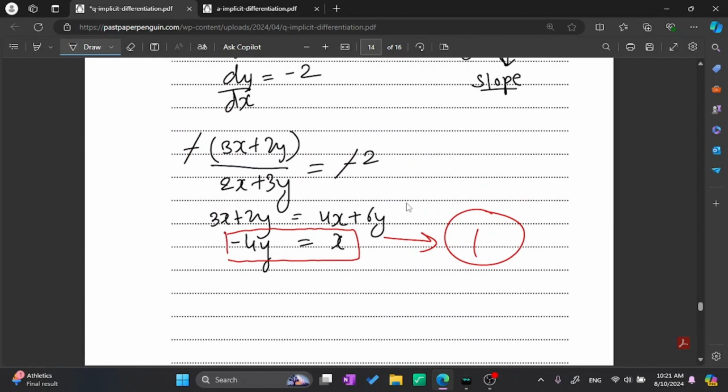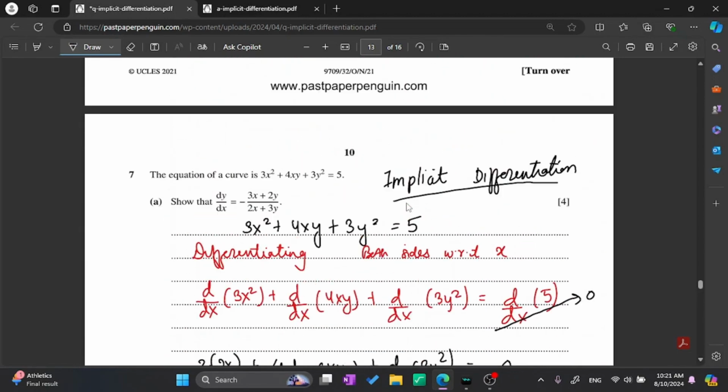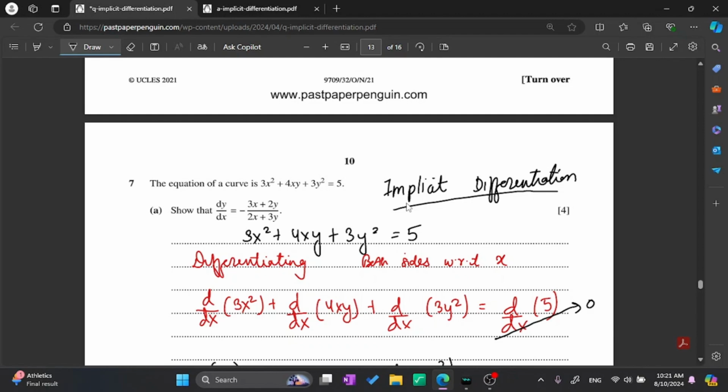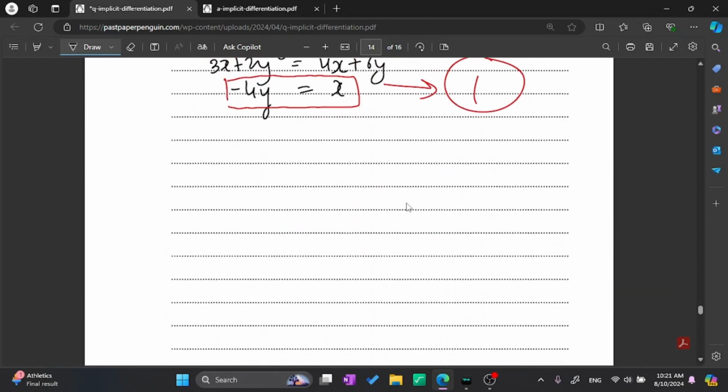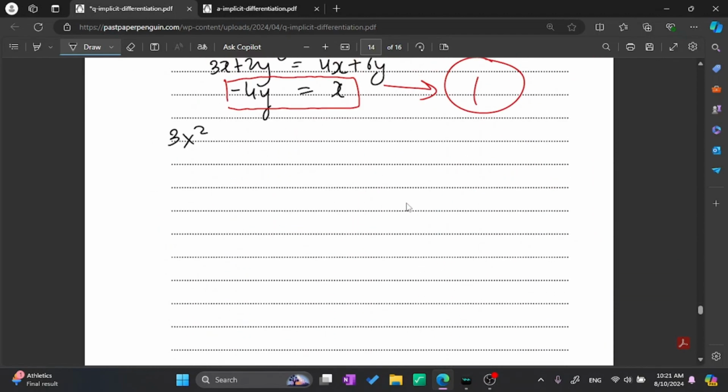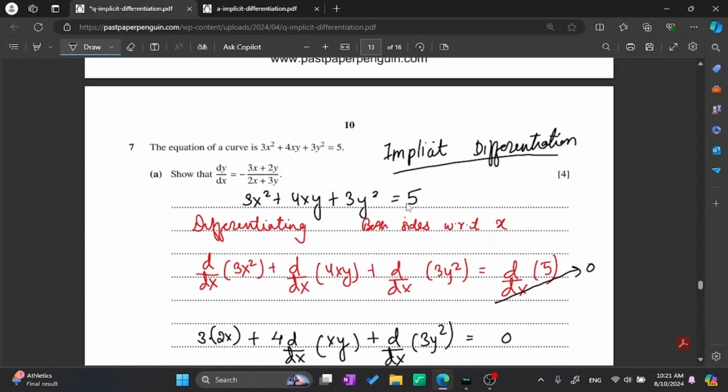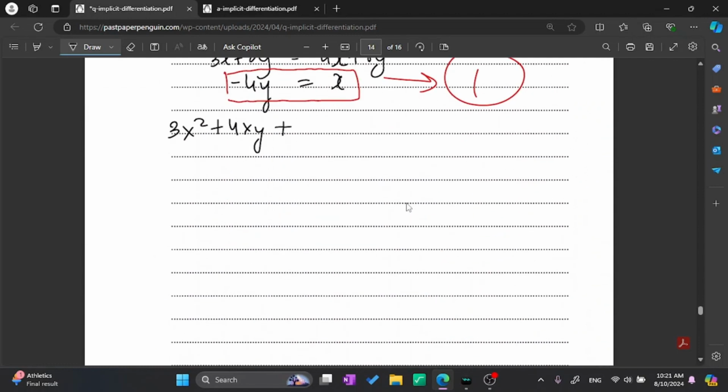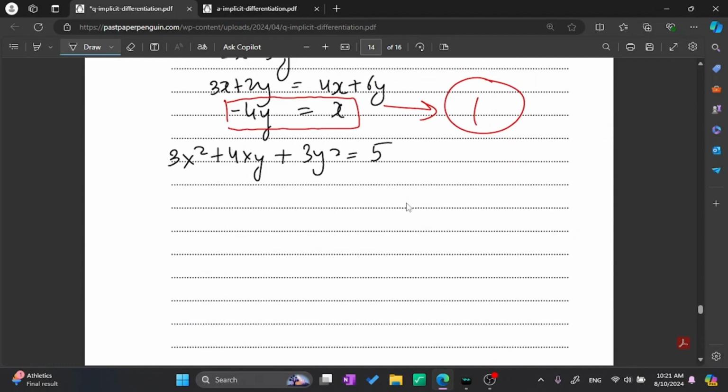We need to substitute x in the original equation, which was 3x squared plus 4xy plus 3y squared equals 5. Now we put x as minus 4y.